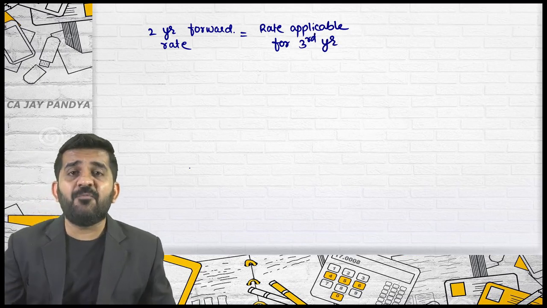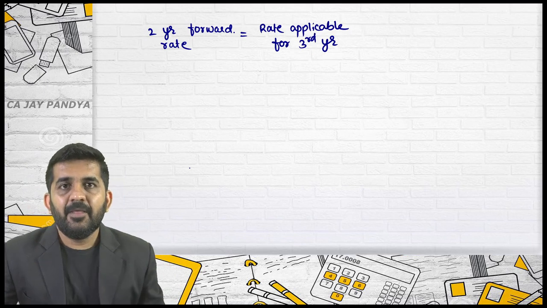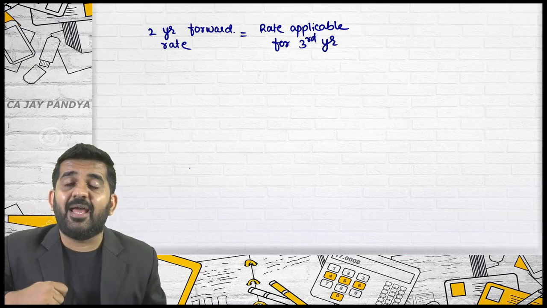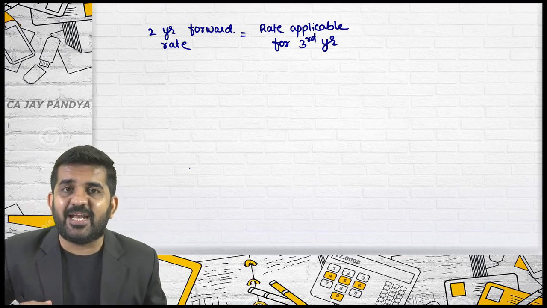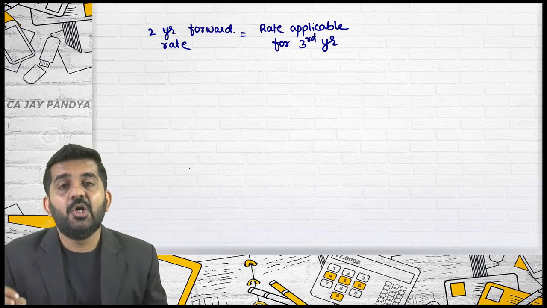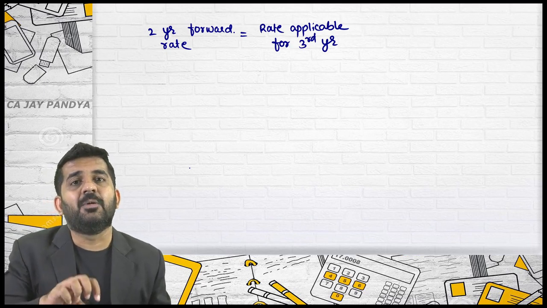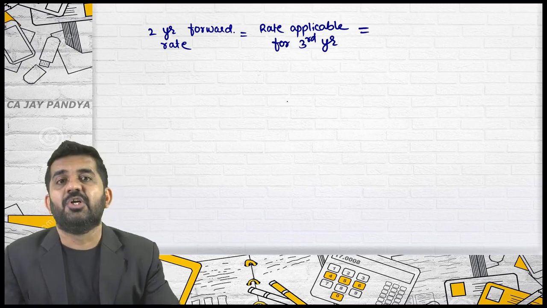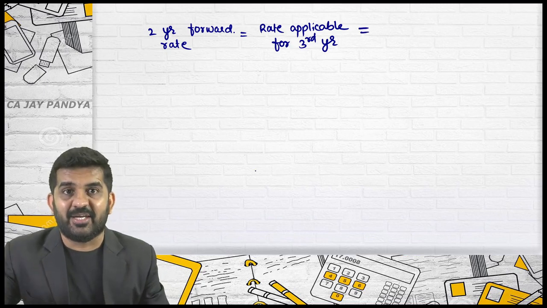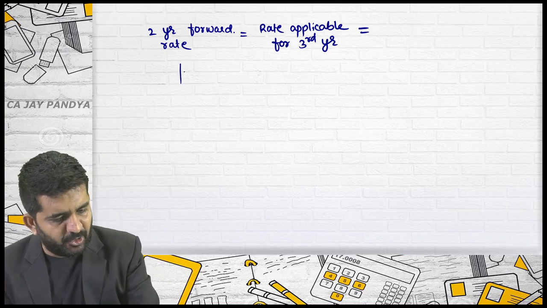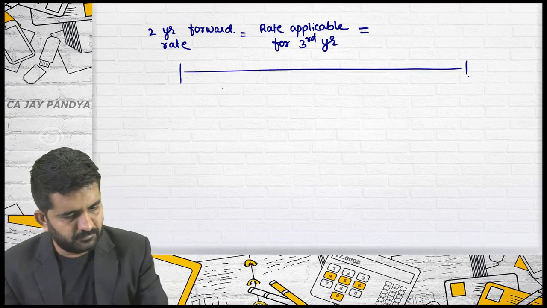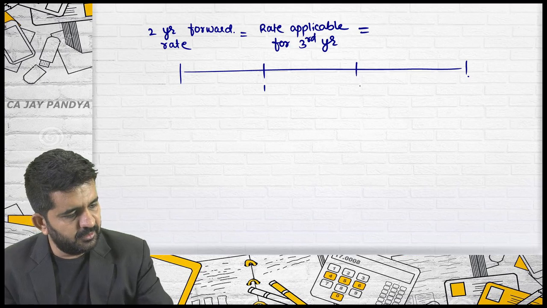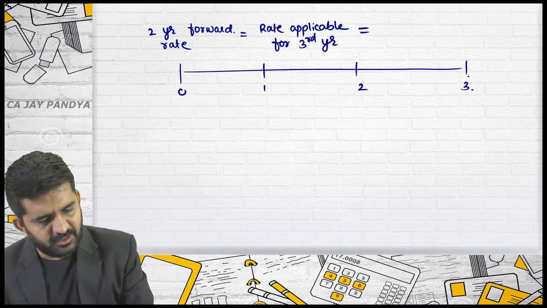That is, if you are investing after 2 years, at the end of the second year, what interest will you be getting for the period of the third year? This is the third year's rate. Try to understand, I am drawing a number line. This is 1, this is 2, and this is 3, this is 0.